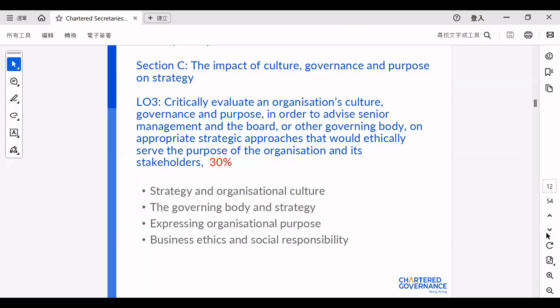It's nothing like that. You have to sit as if you are the company secretary, or the CEO, whatever, and think more holistically about the different aspects of strategy.